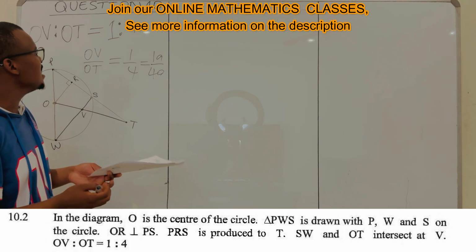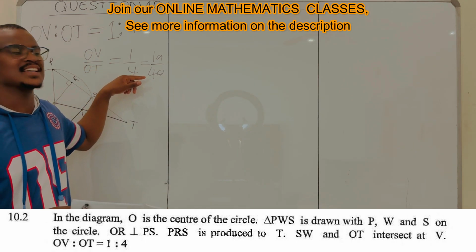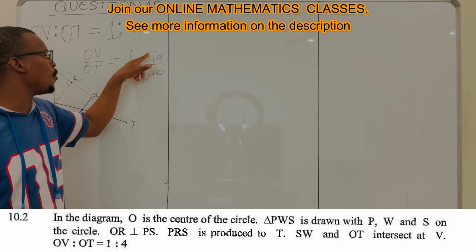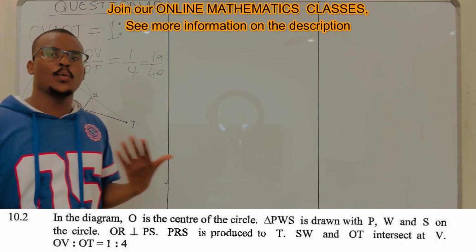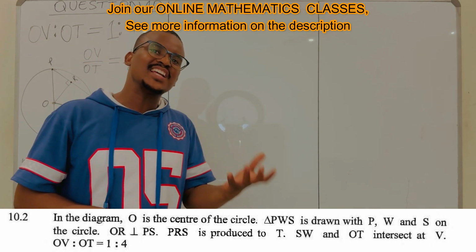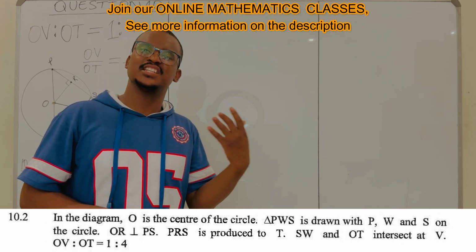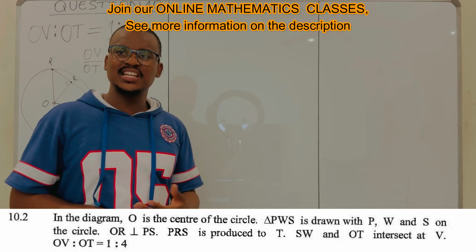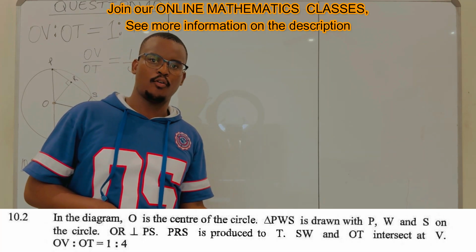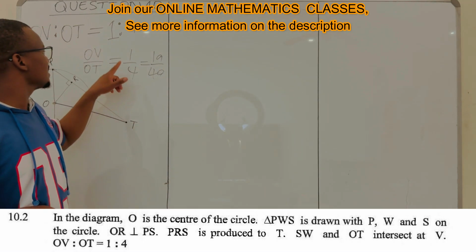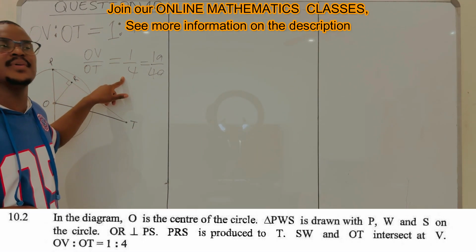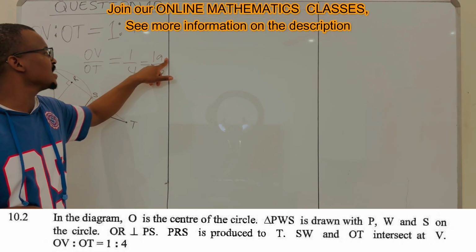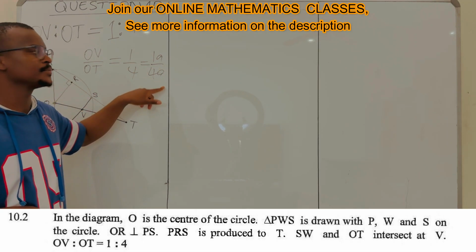So the ratios of these two sides simplify to this. It does not necessarily mean they are 1 and 4. Yes, they can be 1 and 4, but not in general. It's not true in general that it's 1 and 4. But your OV to OT, they simplify to 1/4. So keep in mind that this doesn't necessarily mean it's 1 and 4. It means it's 1 times something and 4 times something.